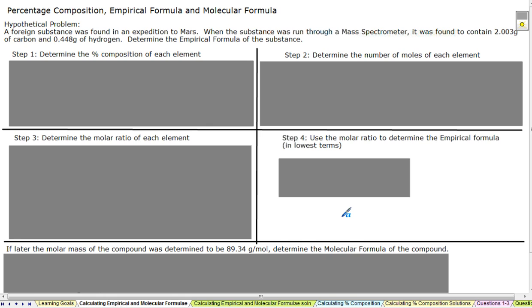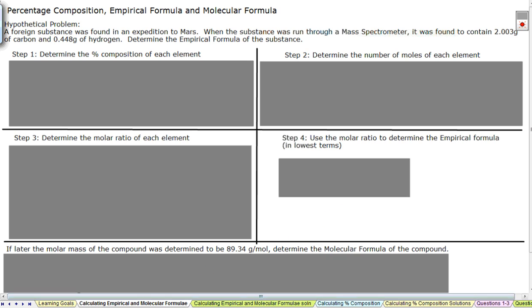We've got a hypothetical problem where a foreign substance was found in an expedition to Mars. When the substance was run through a mass spectrometer, it was found to contain 2.003 grams of carbon and 0.448 grams of hydrogen. We need to determine the empirical formula of the substance.